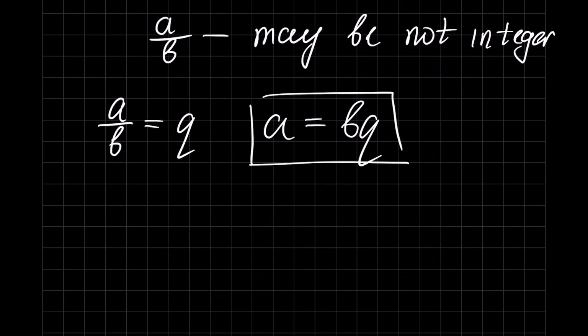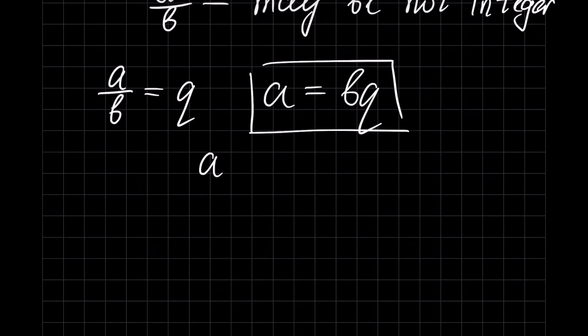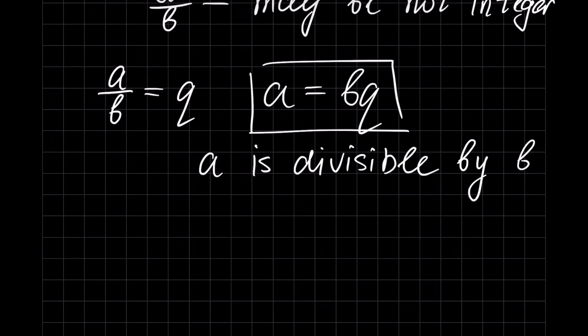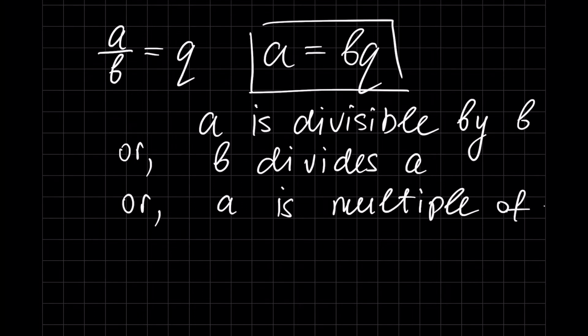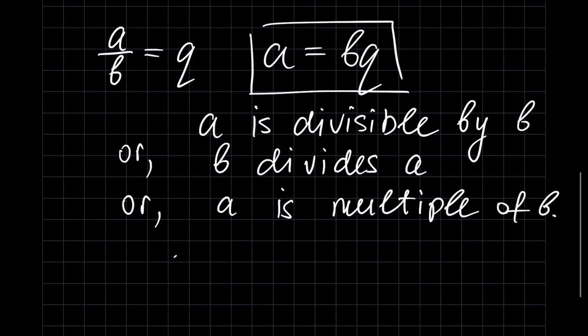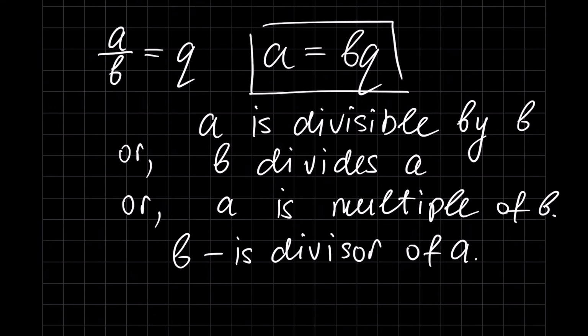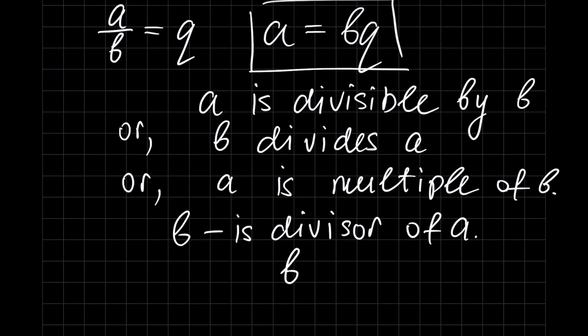And this representation means that A is divisible by B, or B divides A, or A is multiple of B. In this case, B is divisor of A, and we write it as B divides A.